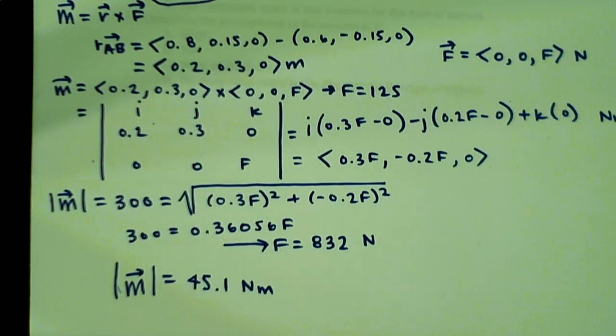So the question asks for the Cartesian. That is the Cartesian form. I think it asks for the vector in terms of the magnitude. Like for number 9, if you scroll up, I got it from the book.